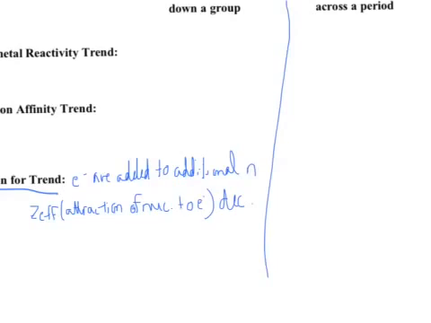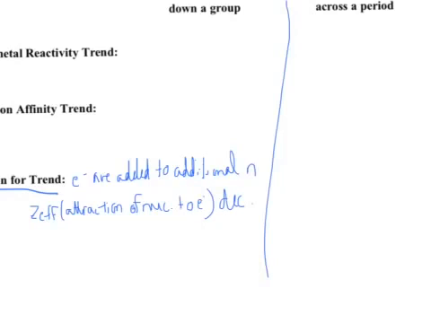Now, let's talk about nonmetal reactivity. Remember we said nonmetals react by gaining electrons. So let's think about this. If the protons are not pulling in the electrons as much, there's not as much attraction. Would it be easier or harder for the atom to gain an extra electron?